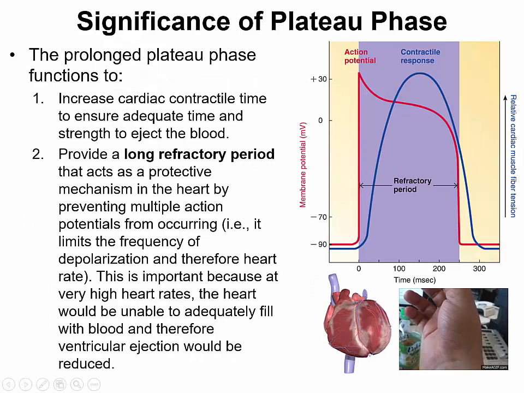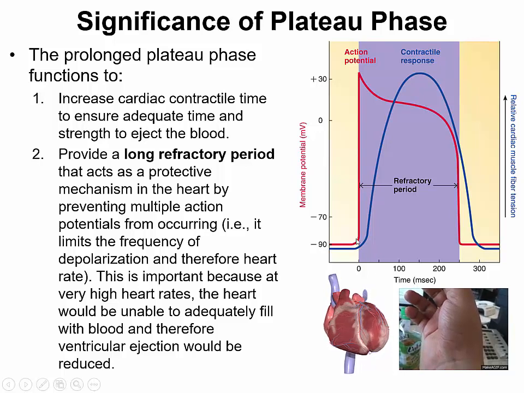So what's the significance of this plateau phase? Well, that prolonged plateau phase functions, first, to increase cardiac contractile time to ensure adequate time and strength to eject the blood. This is extremely important. When we were looking at skeletal muscles, remember how we talked about the twitch, which is a single contraction and relaxation?